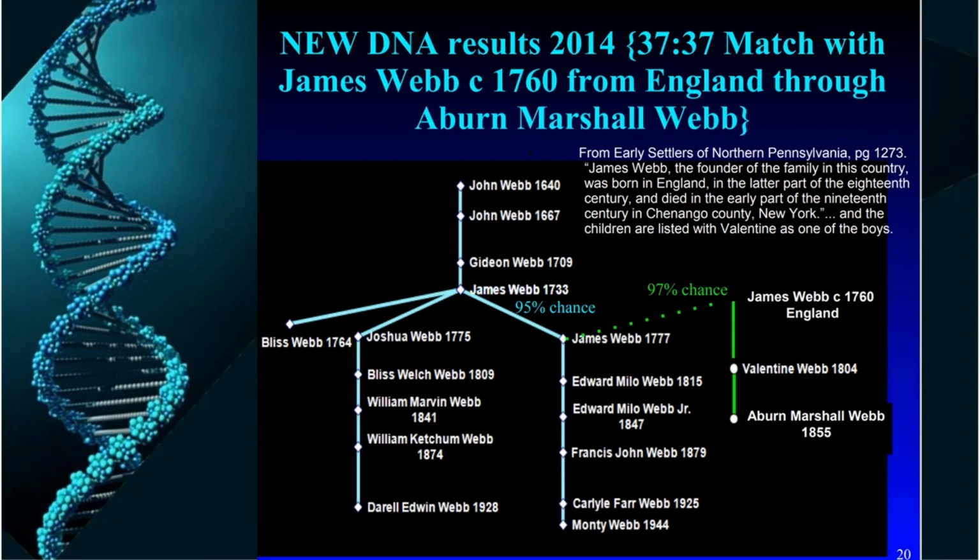Now, this all was about 2008, 2009. In 2014, randomly, somebody who got DNA tested and sent their DNA in, I get a 37 out of 37 match with the James Webb X from England through an Auburn Marshall Webb. 37 out of 37 is closer than some of my second cousins.